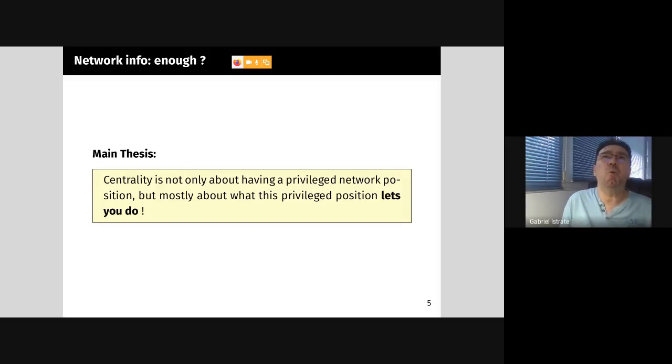And from the point of view of sociology, this is not quite right. I mean, a person intuitively is not central just because it's well connected or powerful. It's powerful because it can do many things. So centrality is not only about the position in the network, but about what this position lets you do.